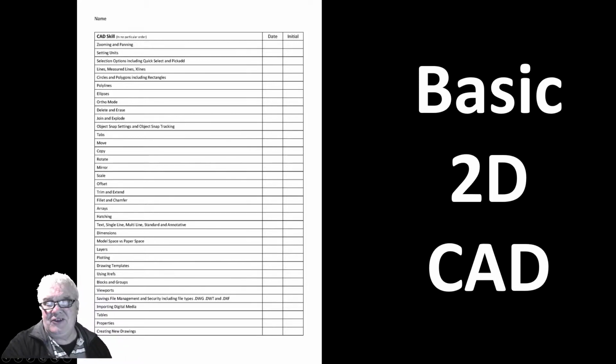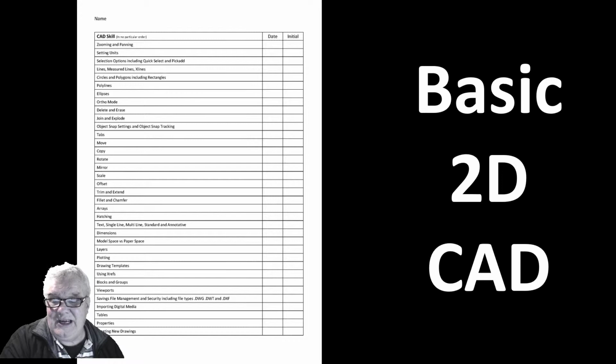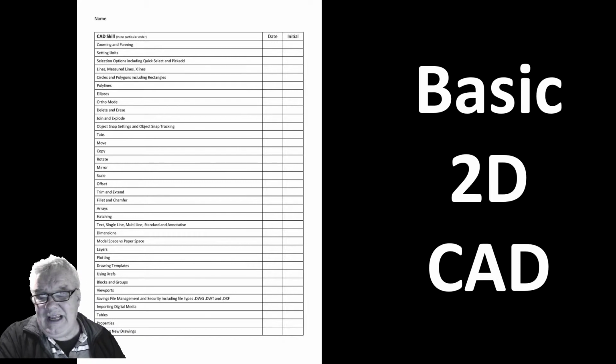Some students have raised questions about the amount of time that the basic 2D CAD operation takes, given that the next assignment they've been able to do a lot quicker. However, the basic 2D CAD assignment is both assignment and learning.